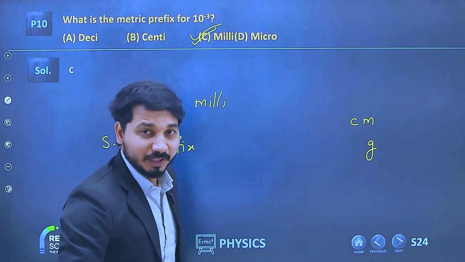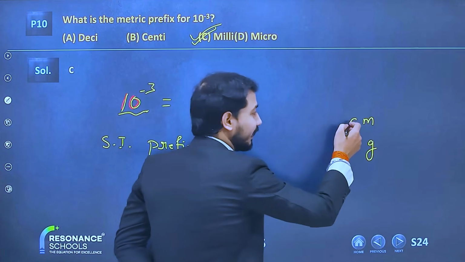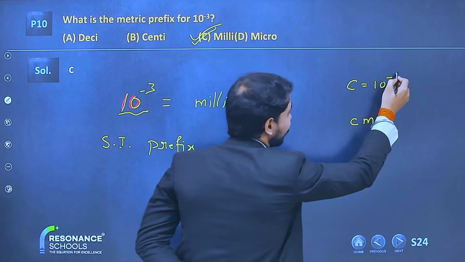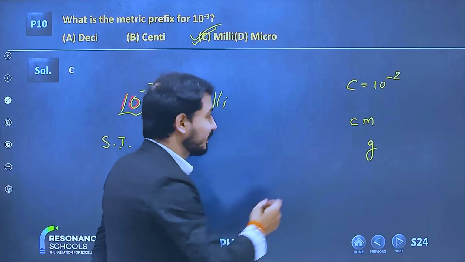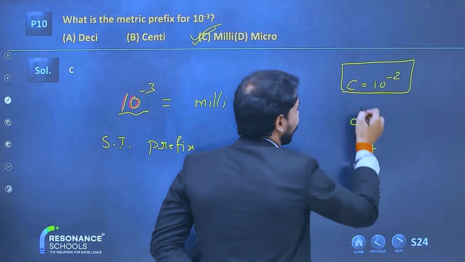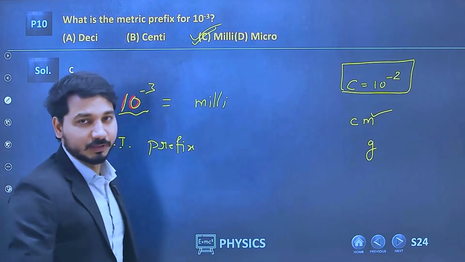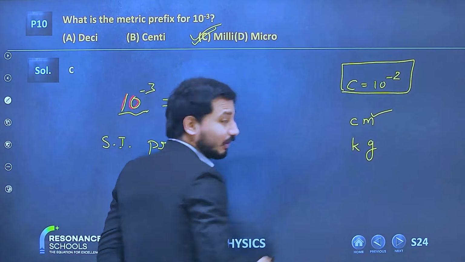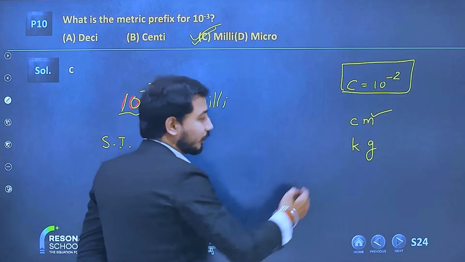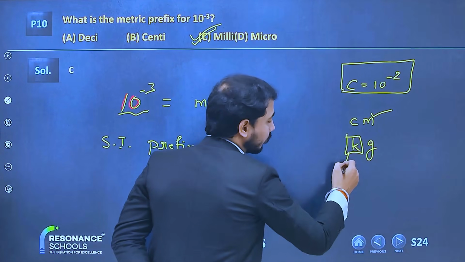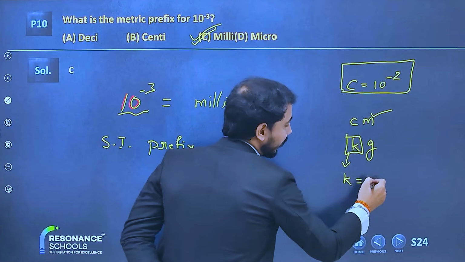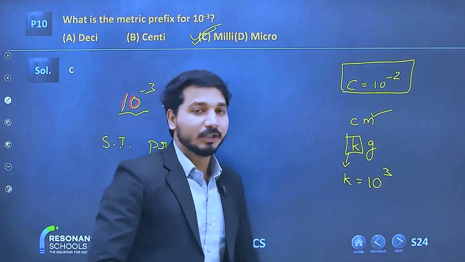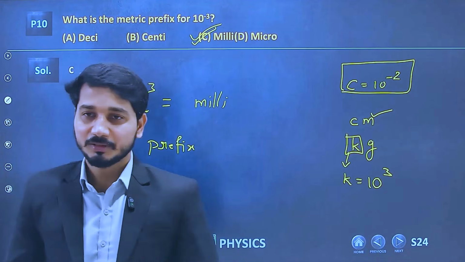So centi is equal to 10 to the power minus 2. So this is the metric prefix for the unit meter. Suppose gram is there. If I add the prefix k, k stands for kilo, and kilo is equal to 10 to the power 3. So this is the metric prefix for the unit gram.